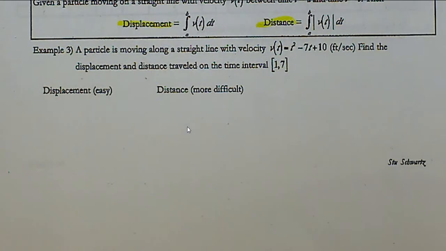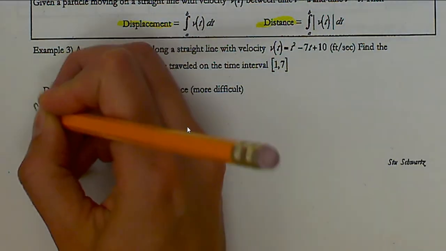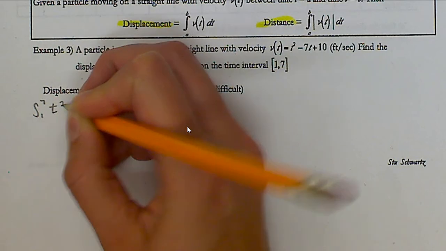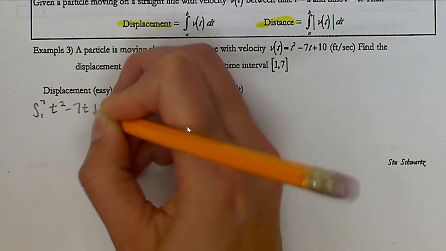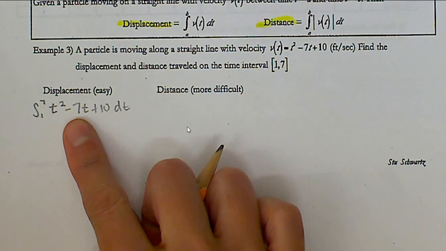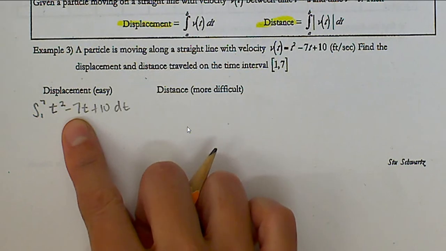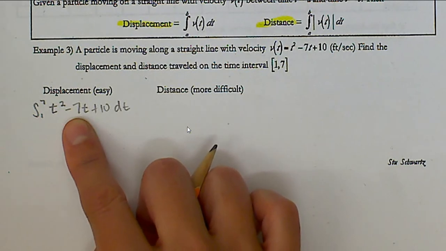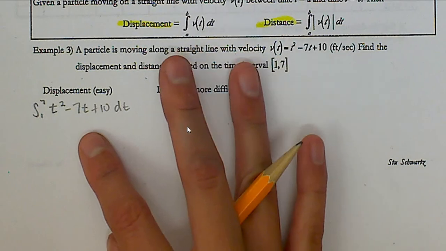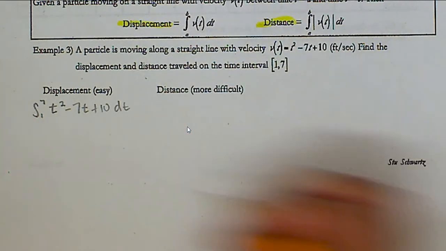The displacement you just find from 1 to 7, the integral of t squared minus 7t plus 10 dt, because this is my velocity function, the integral of the velocity function. Okay, you should all know how to do this. You can pause me or erase me, try to beat me to the final answer as I do this.